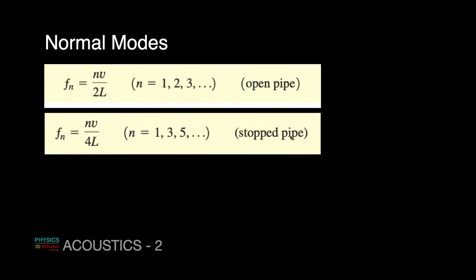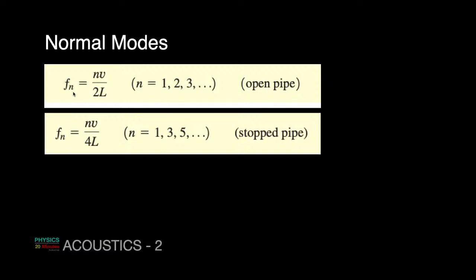A stopped pipe is stopped at one end. So when you say stopped pipe, it is not stopped at both ends. Please be careful. Most of the problems will use this terminology: open pipe, stopped pipe or closed pipe. When we say closed pipe, it is closed at one end, not at both the ends.